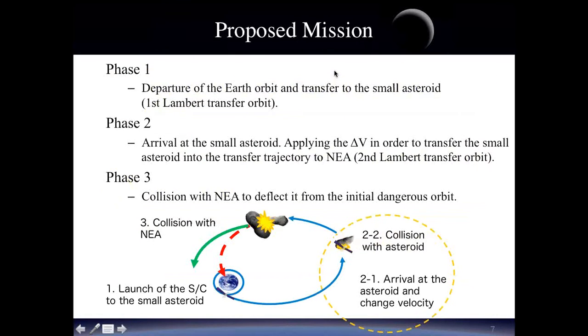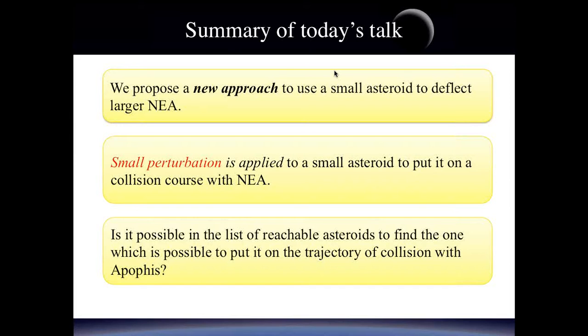So in our study, we propose a new approach to use a small asteroid to deflect a larger near-Earth asteroid. Basically, our approach is almost the same as the previous approach, but in our approach, only a small perturbation is applied to the small asteroid to put it on a collision course with the near-Earth asteroid, without controlling the small asteroid.